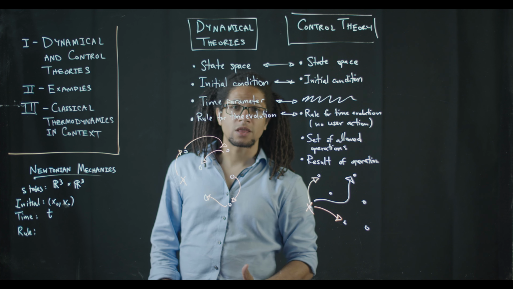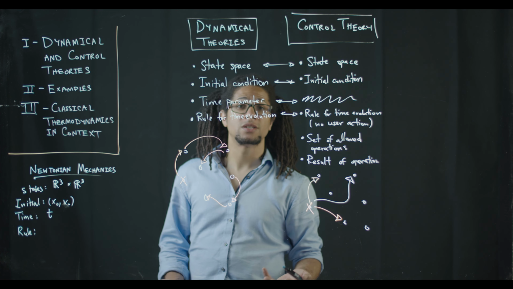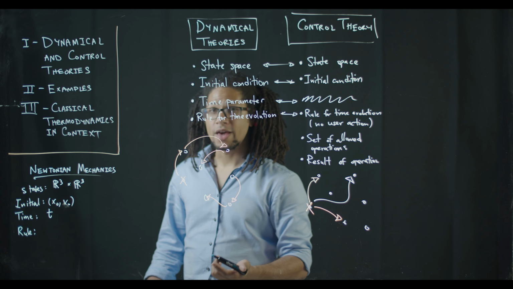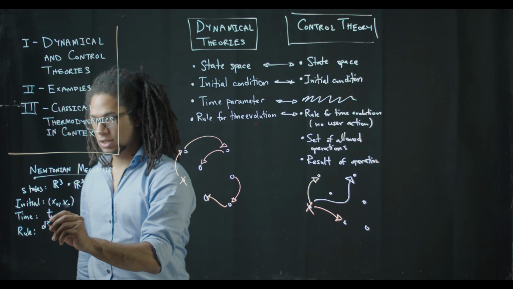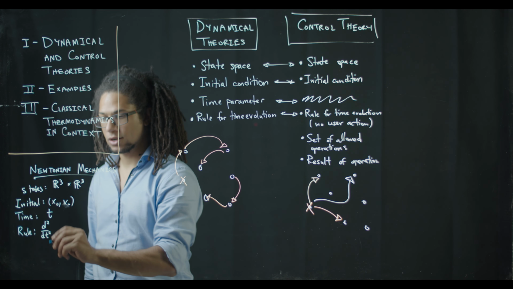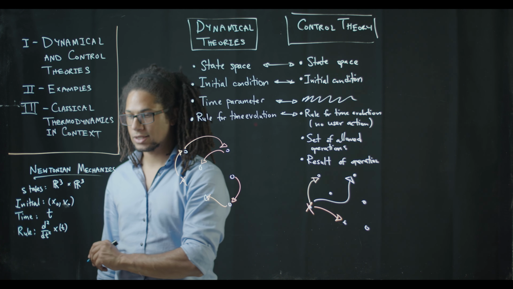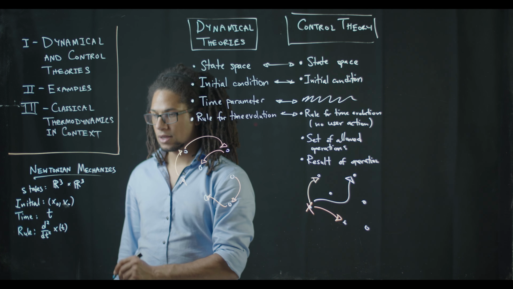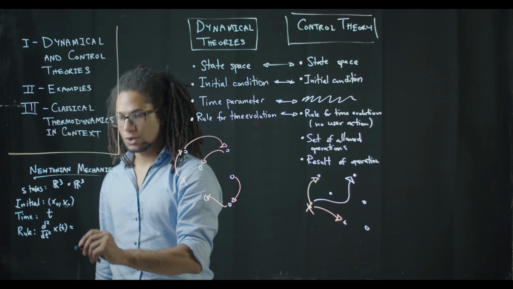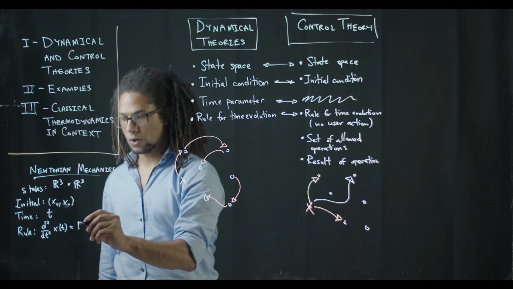The trajectory that the particle takes will satisfy a given differential equation. And that differential equation is just d squared dt squared of the particle's trajectory over time. Let's call it x of t, is equal to the force.